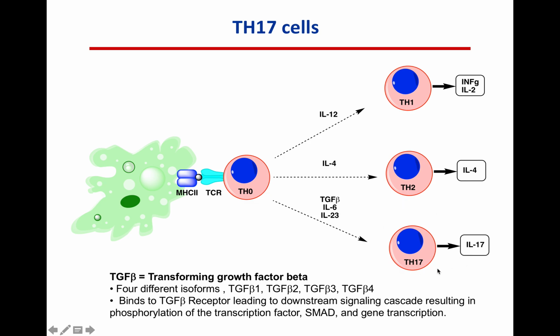And as a consequence, these Th17 cells then produce IL-17. I want to point out this TGF-beta, I just have it down here, is transforming growth factor beta. And this is one of the factors that's important in producing the IL-17, the Th17.